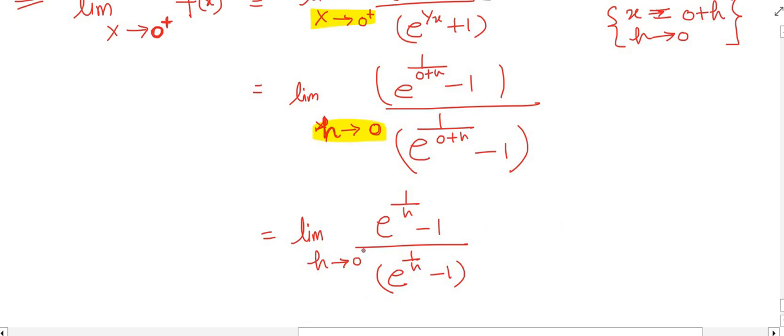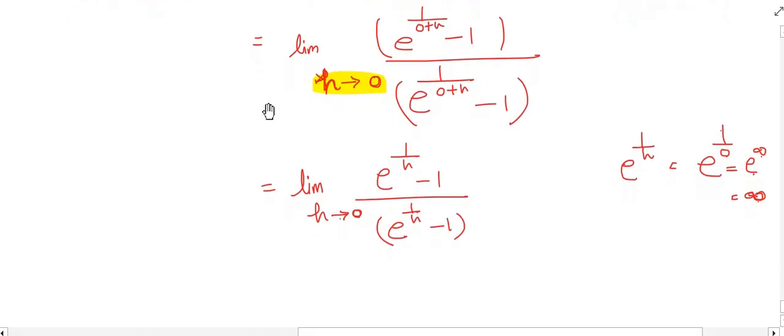Now let's see, when h is 0, what it will become. e raised to power 1 by h becomes e raised to power 1 by 0, and 1 by 0 is infinity. So e raised to power infinity is infinity. Infinity will create a problem. Whenever we have infinity, it's better to approach in a different way.